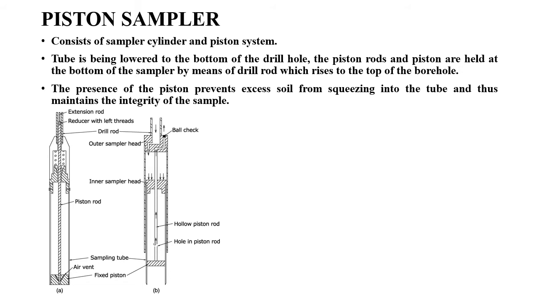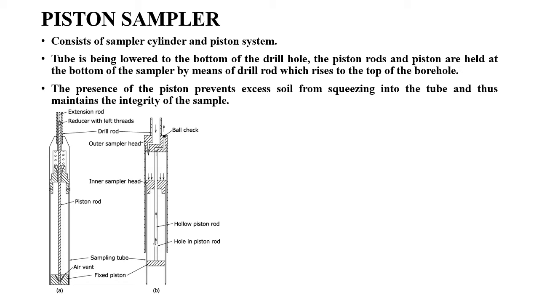Next is the piston sampler. A piston sampler consists of a cylinder as well as a piston, and there will be a piston rod attached to this piston, and then the drill rod will be attached to this piston rod. The sampler will first be lowered up to the desired depth where you have to collect the soil samples.